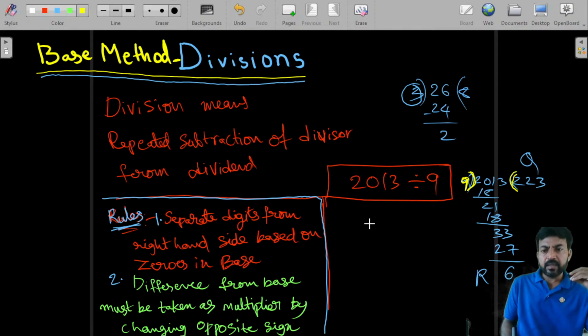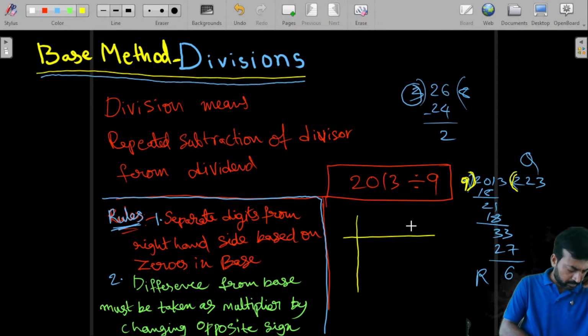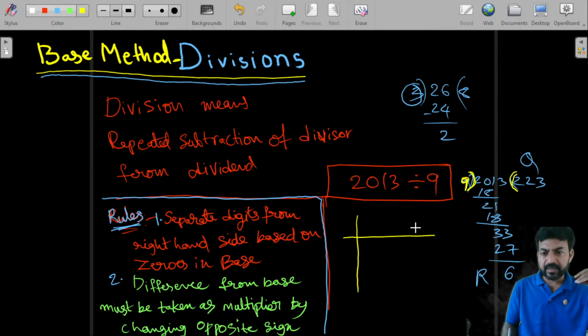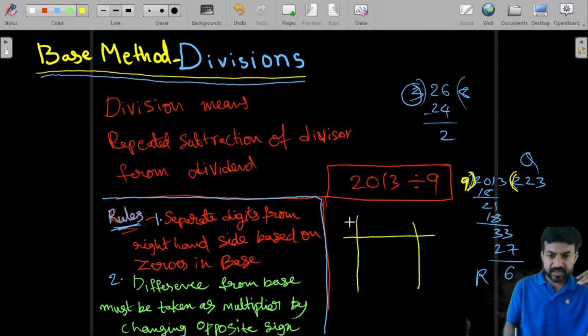Okay, Darshit. Now concentrate. I will explain what is base method division. First you have to write divisor and dividend here, but you have to separate.